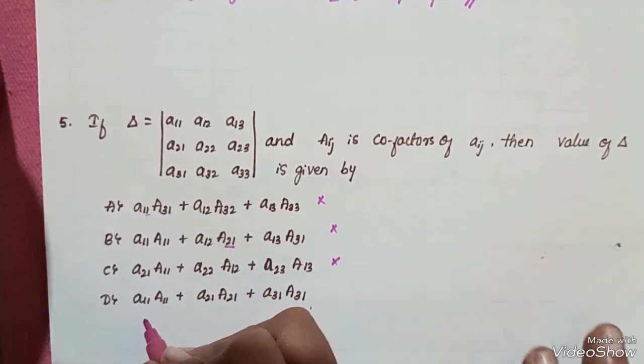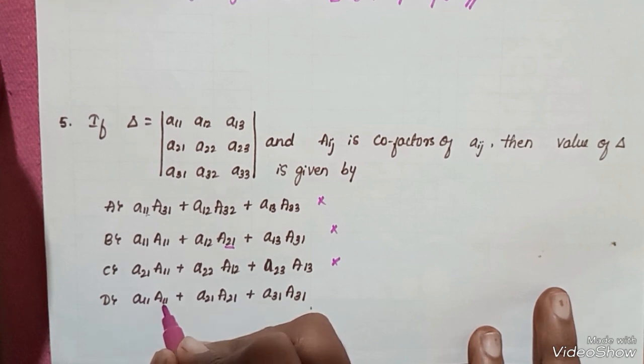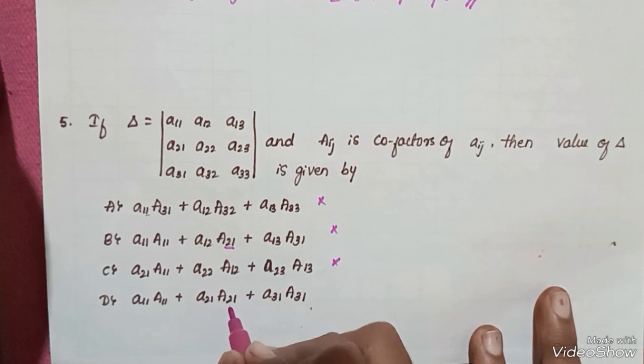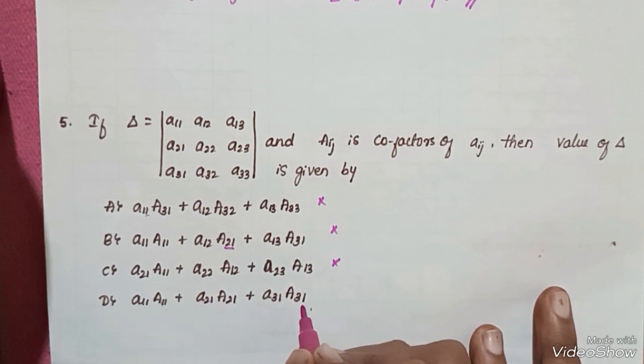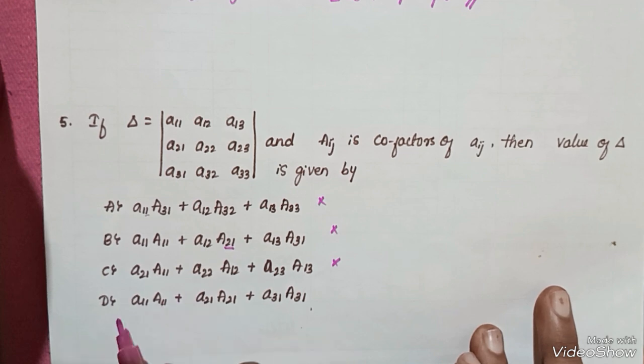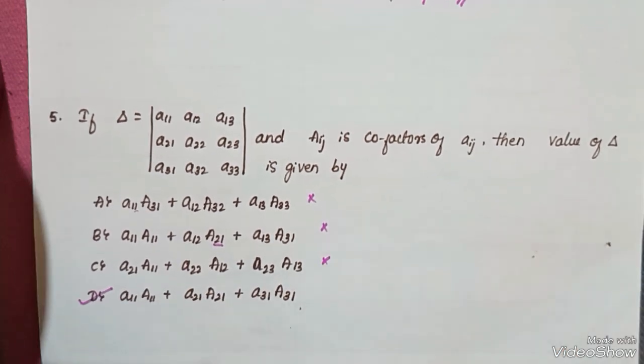Now check here: the element a11 with its corresponding cofactor is correct. Here also the element with its corresponding cofactor, yes. Therefore, the sum of the elements with their corresponding cofactors is correct, so option C is correct.